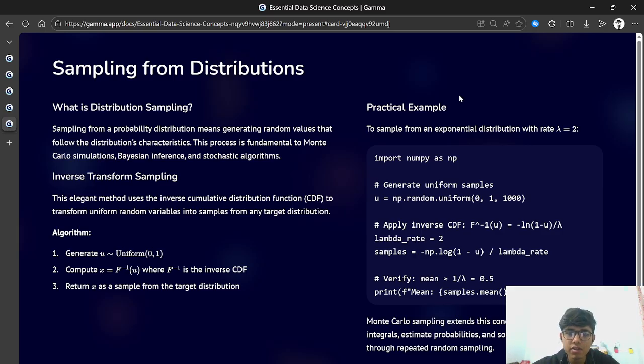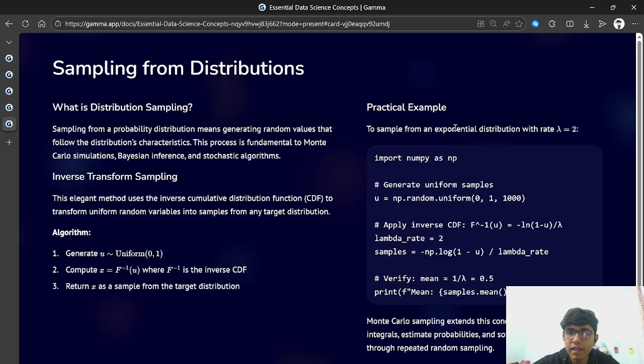Inverse transform sampling is a general method for sampling from any distribution whose cumulative distribution function, CDF, is known. The method is straightforward. We begin by sampling a uniform random number between 0 and 1. We then apply the inverse of the CDF to that number. The result is a random sample that follows the original distribution.